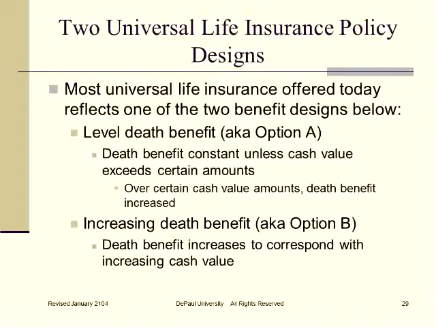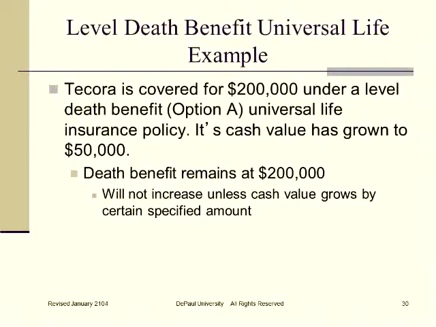I'm moving over to slide number 31. The example here is Takora, who is covered for $200,000 under a level death benefit option A universal life contract. She has $50,000 of cash, but under a level death benefit option, the $200,000 death benefit stays the same.